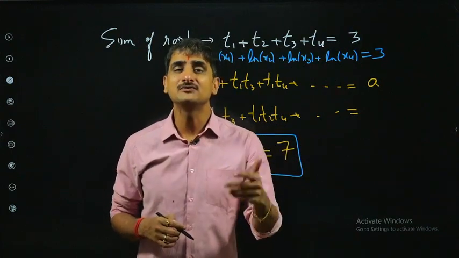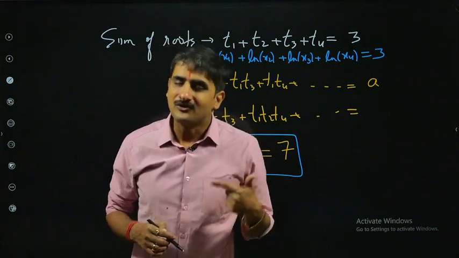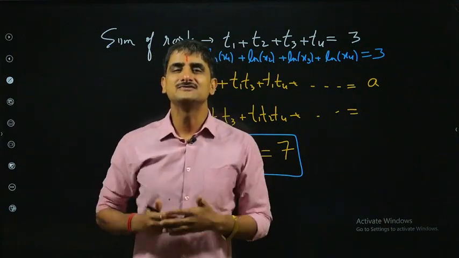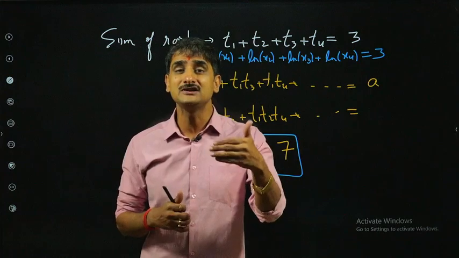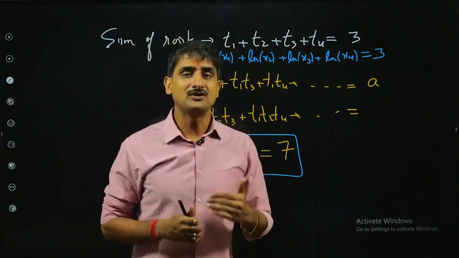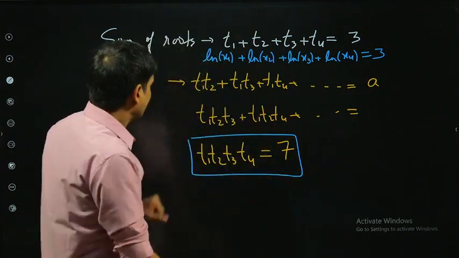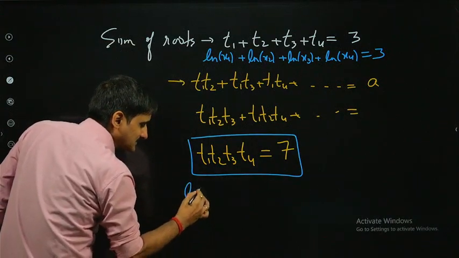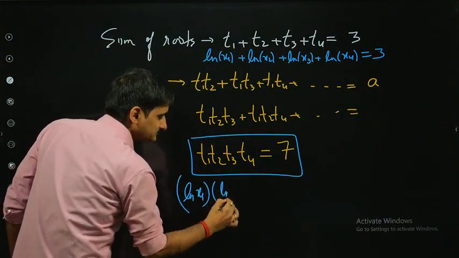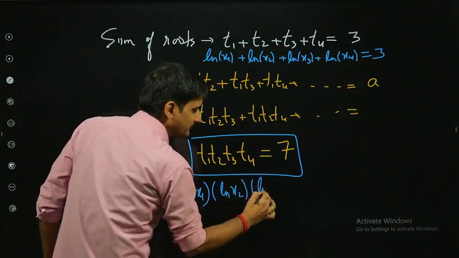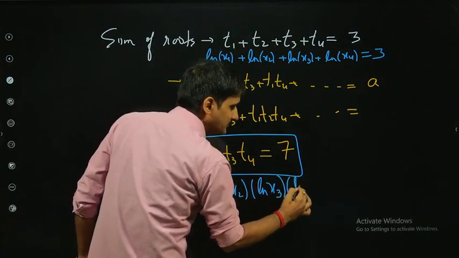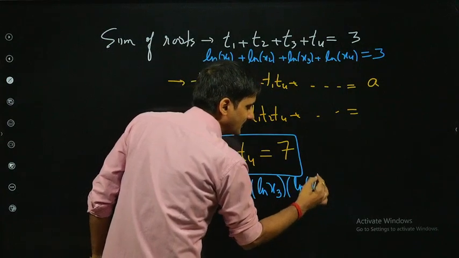It will be in terms of the function which is involved in the equation, the function in whose terms it's a polynomial. So if I write this one, for example, it's ln x1 into ln x2 into ln x3 into ln x4, and that's 7.